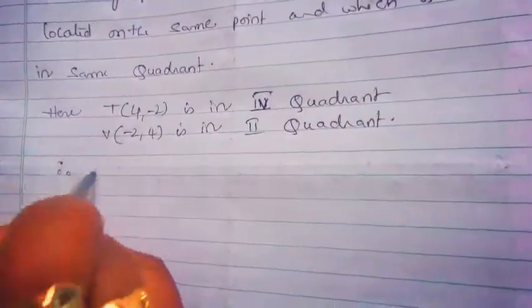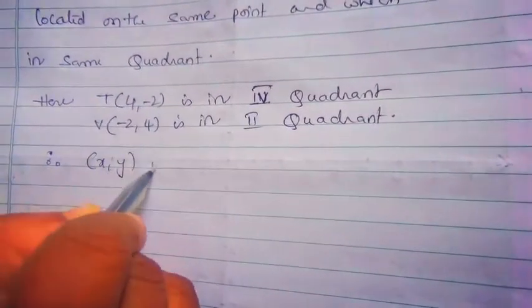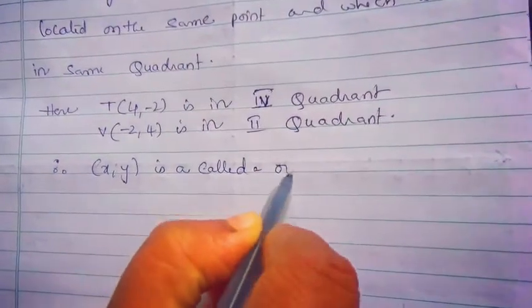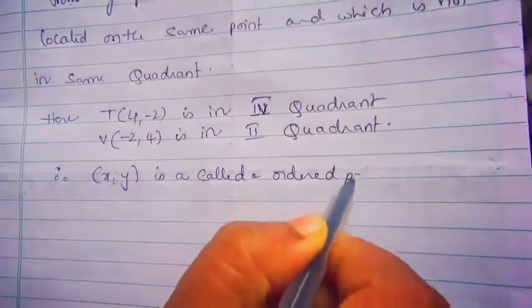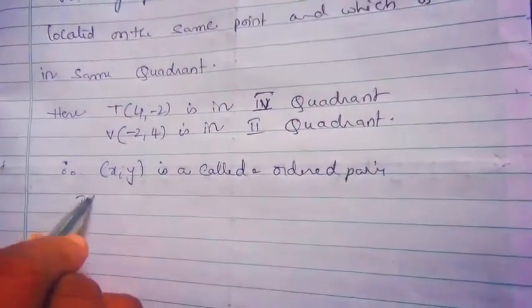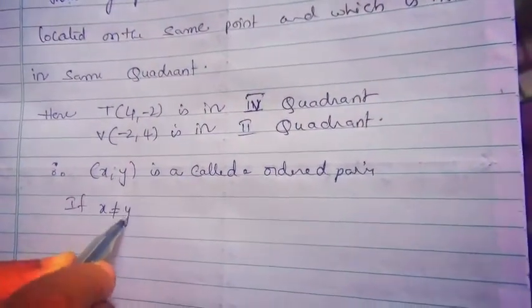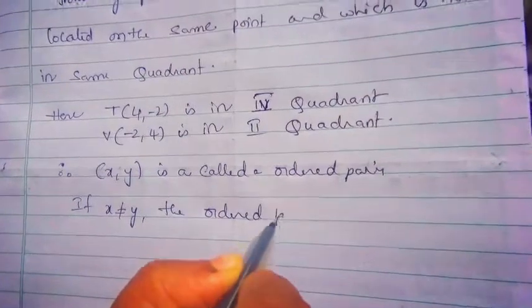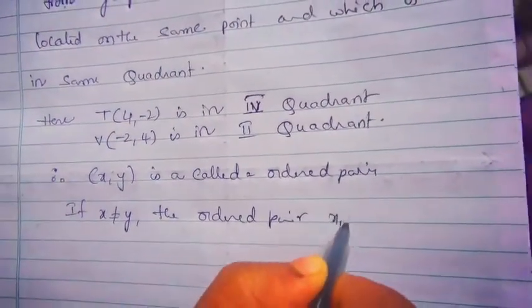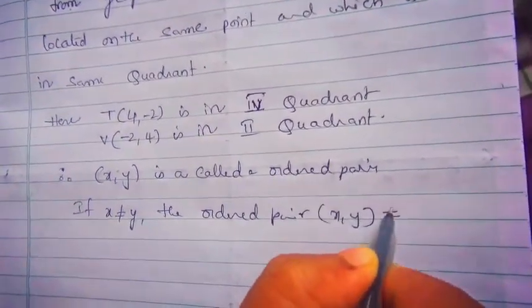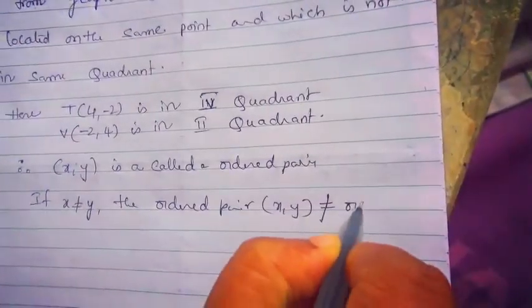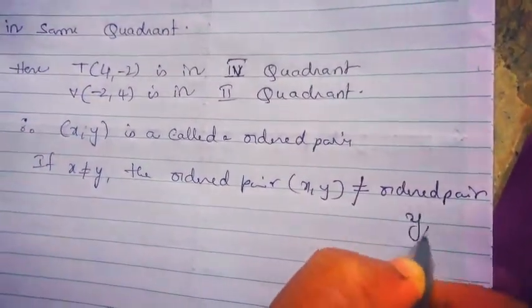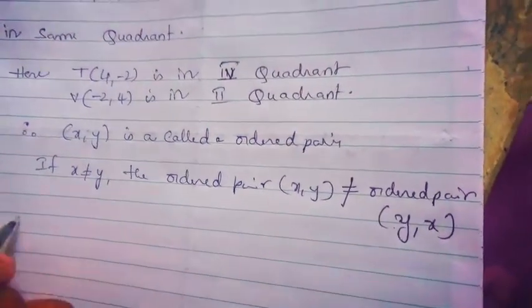Therefore (x, y) is called an ordered pair. If x is not equal to y, the ordered pair (x, y) is not equal to the ordered pair (y, x).